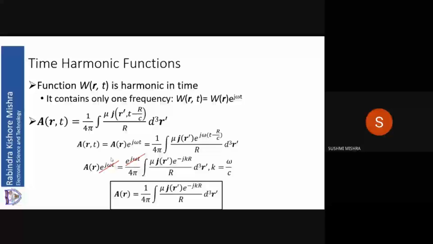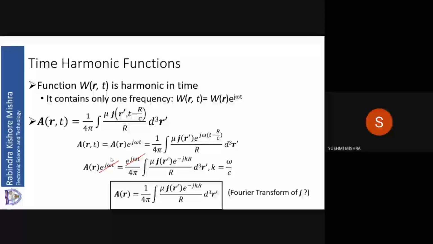Once we cancel that, for the vector potential we get A(r) is equal to 1 by 4 pi integration mu J(r') e to the power minus j k r upon r d³r'. So this is the representation of A(r) in the time harmonic form.